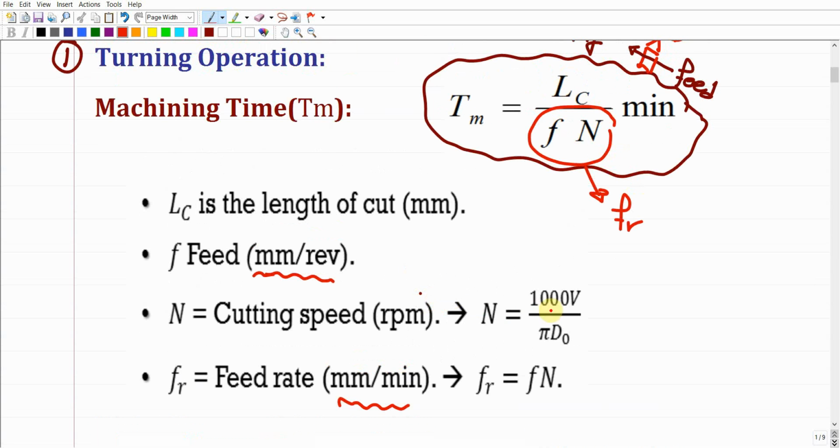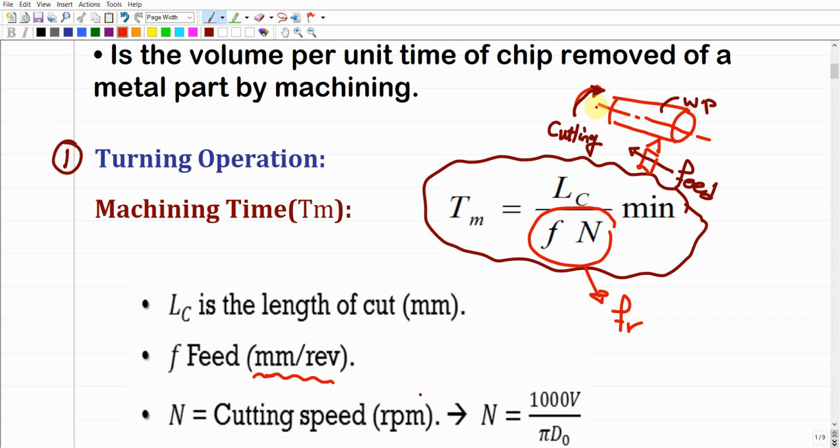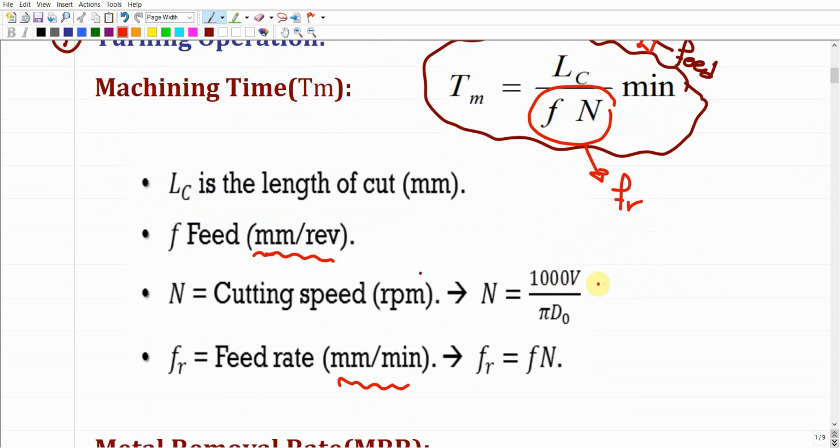But in many of the cases, and this is one of the things you should understand about the machines used for machining operations, the cutting speed is defined in terms of V. So V is the cutting speed, and N as well is the cutting speed. Both are cutting speed, but the difference between N and V is the unit. N is revolution per minute, but V is meter per minute.